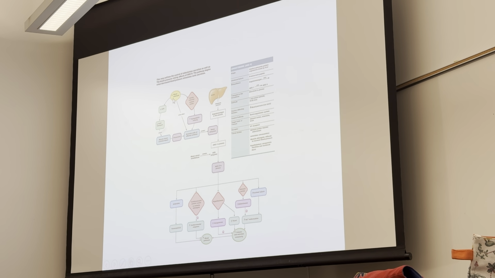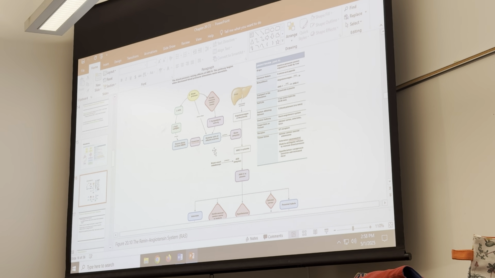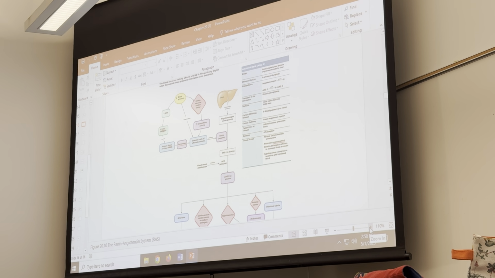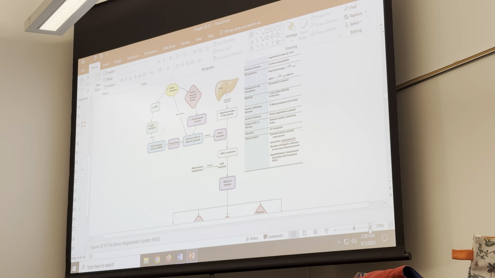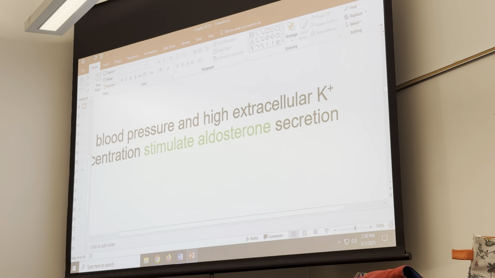So we'll start with the low blood pressure. This is a little complicated. Let's see if I can do it this way, and then we can go step by step so that at least some of it shows.